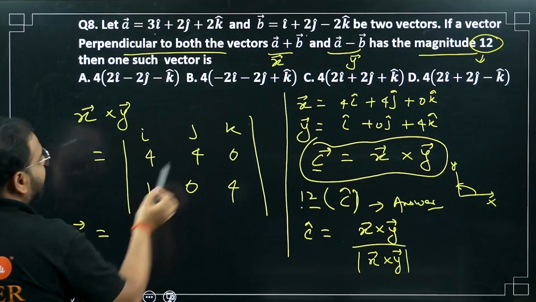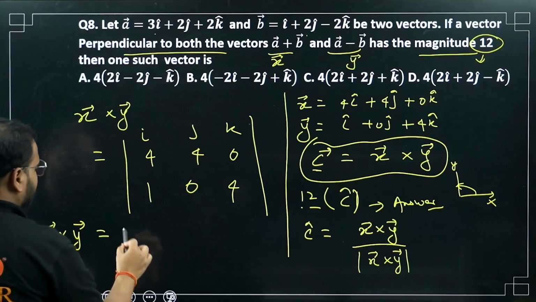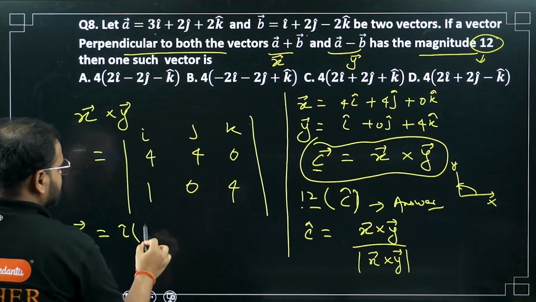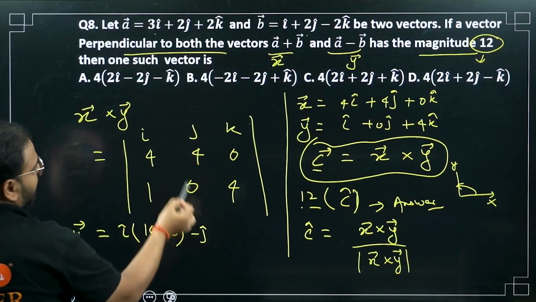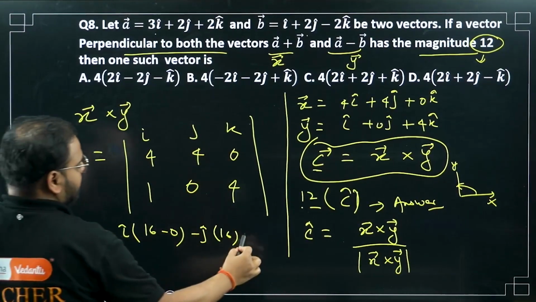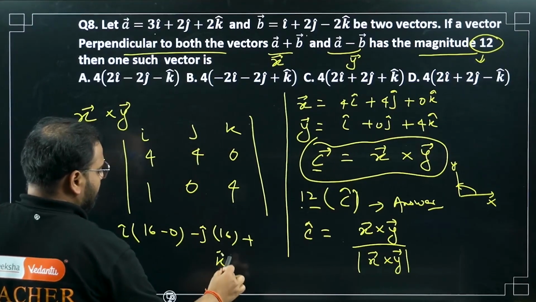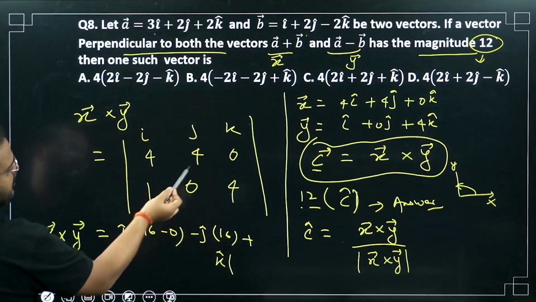X is a plus b, y is a minus b. Now have a look. For i cap, I get 16 minus 0. For j cap, I get 16 minus 0 again. For k cap, this will cancel, so simply minus 4.